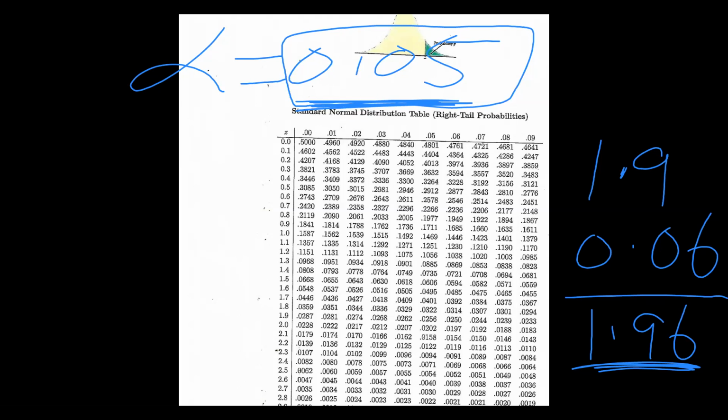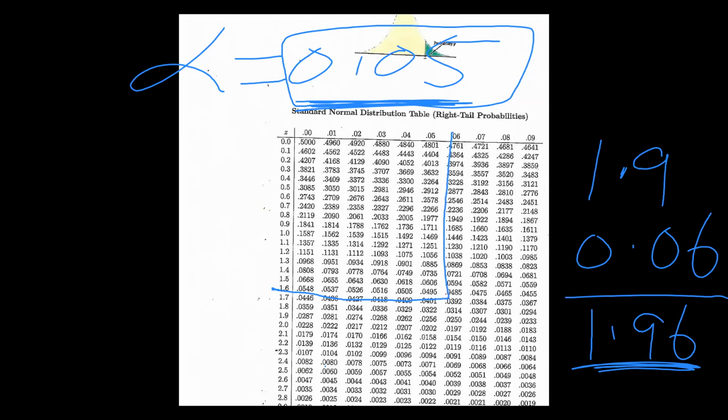Which line is it? Anybody? I think the closest is 1.6. 1.6 and 0.5.